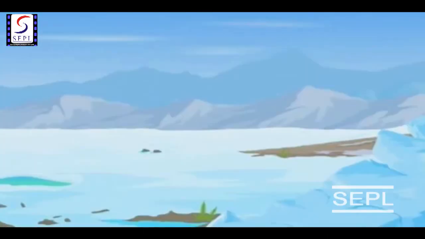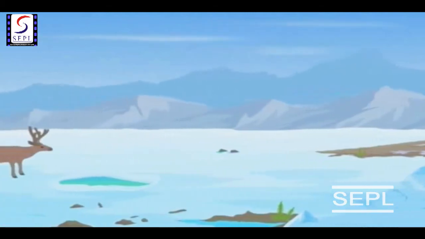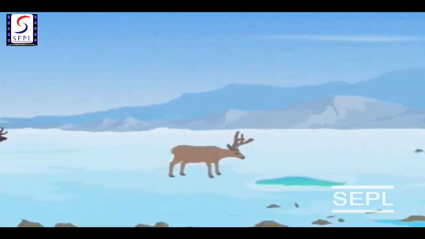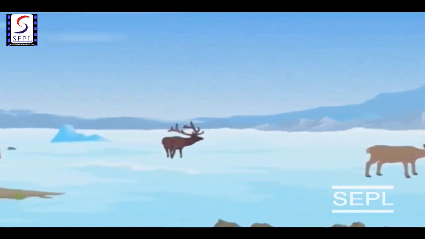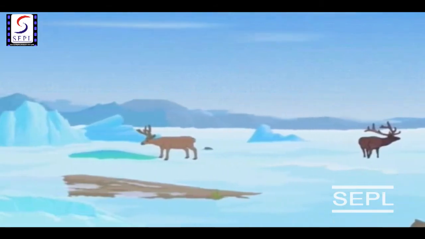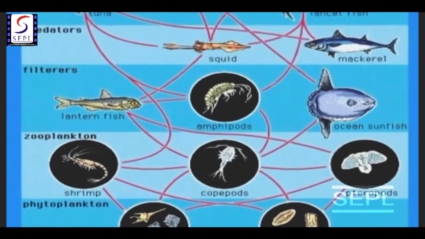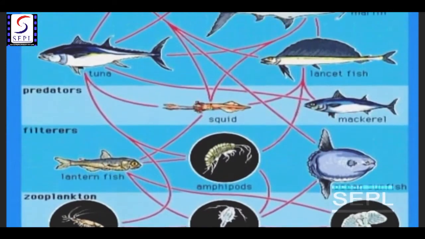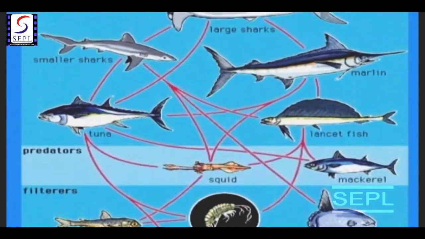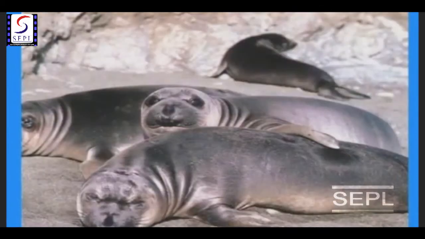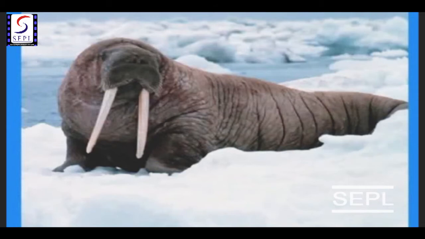In contrast to Antarctic, Arctic is home to many more species. As a result, Arctic region has two food chains: the marine-based food chain and the land-based food chain. The marine-based food chain is again based on phytoplankton. This food chain is very important for animals that come on land to breed, like the seabirds, seals, and walruses.